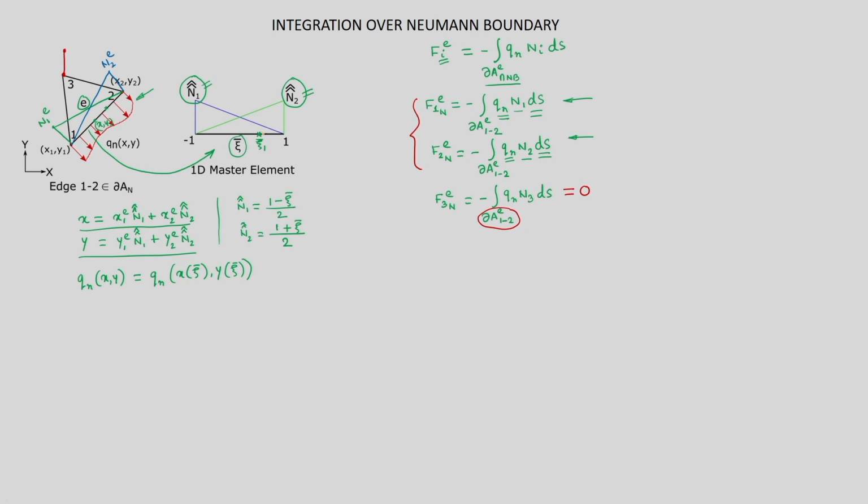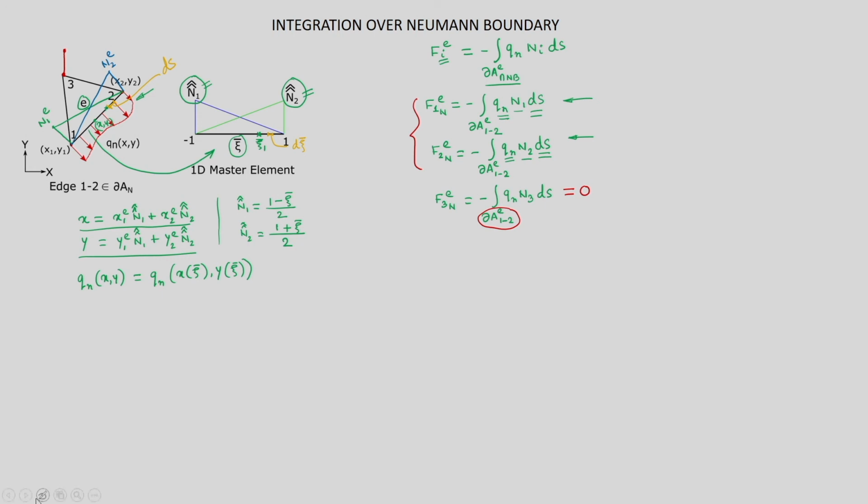If we have a small length d xi bar in the master element, what is the corresponding length in the physical element? The corresponding length in the physical element is ds, and here the length is say d xi bar. So we have to relate ds with d xi bar. How can we do that?